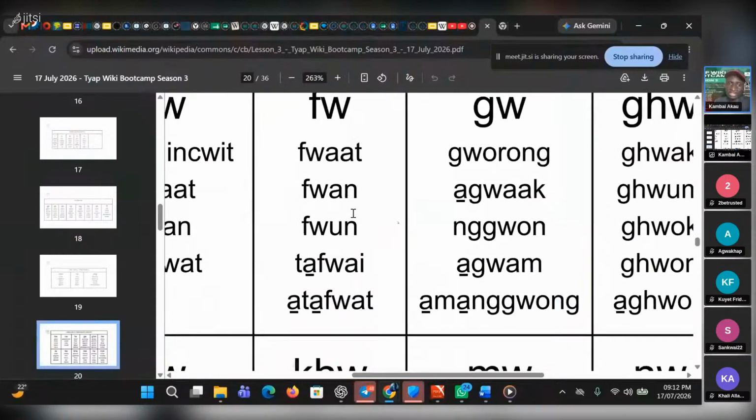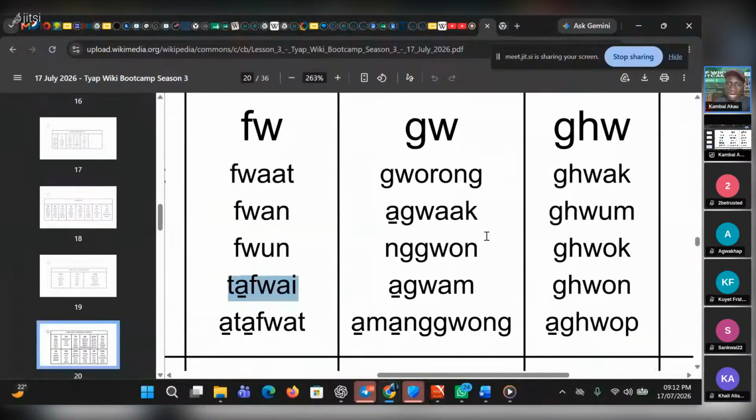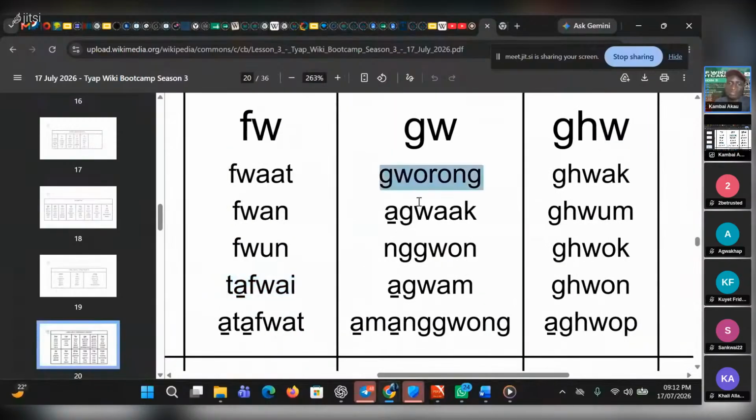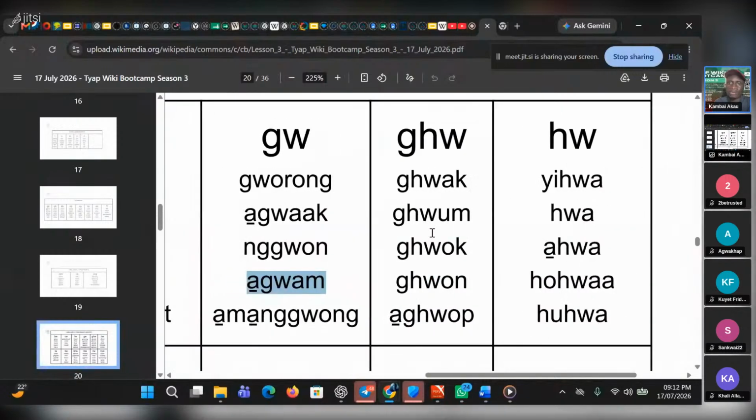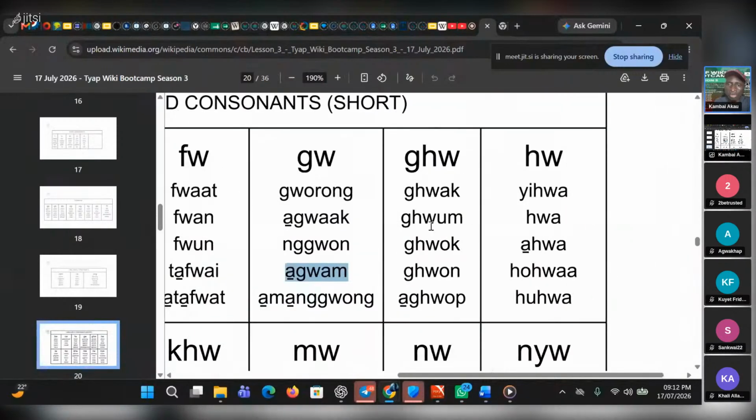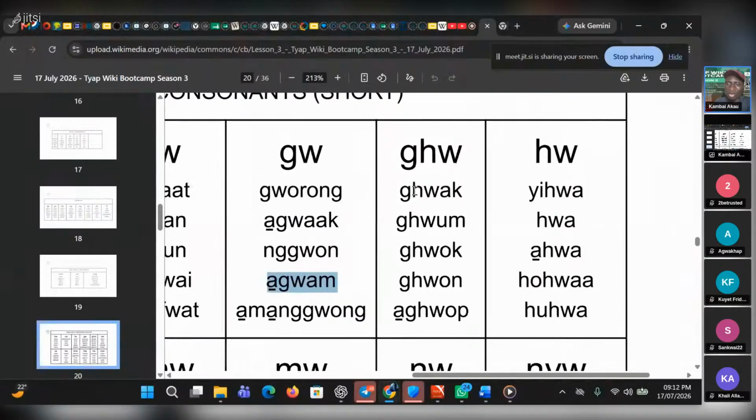And then under the G we have gorong, ogwag, ngwen, ogwam, and mangorong. And then we have the W, we have wak, wum, wok, and wop.